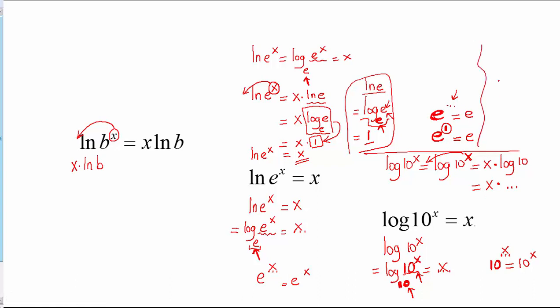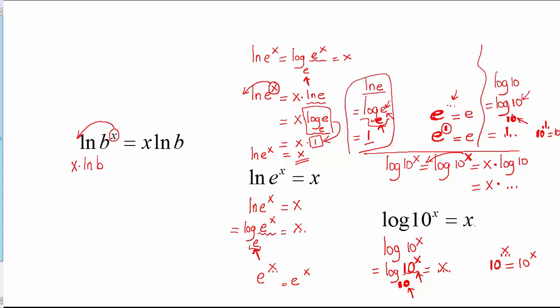Log of 10 is the same as log base 10 of 10. I'm emphasizing the base 10. So I know the answer is an exponent. It's the exponent I need to place on the 10, which I made bold over here. So which power should I put on the bold 10 in order to get the quantity inside the log, which is just a 10? 10 to what power gives me 10? 10 to the first power gives me 10.